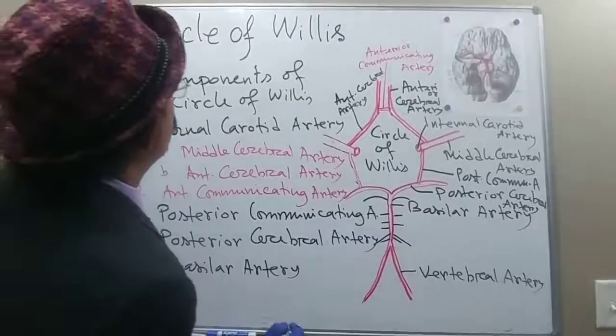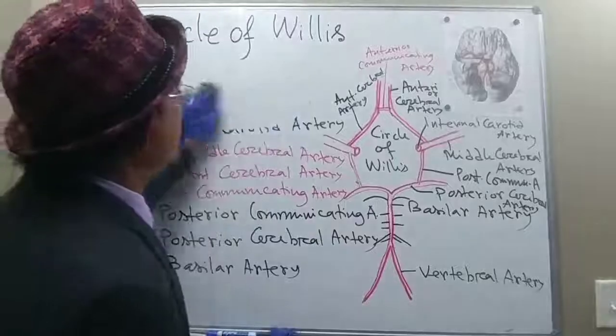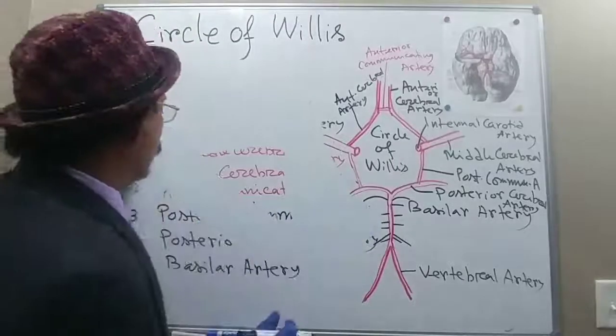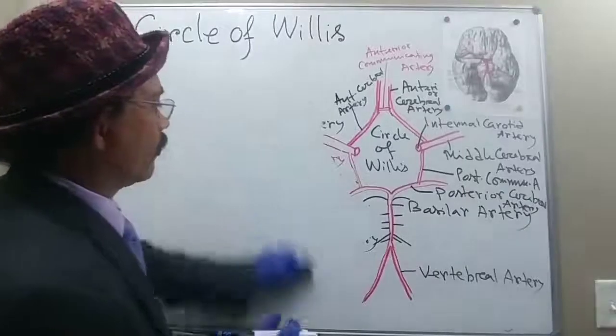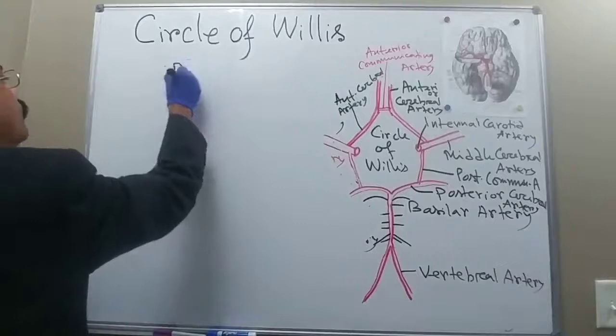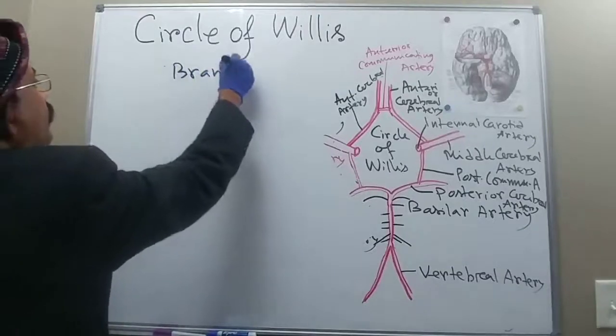We got the formation. Now we have some cortical branches and perforating branches from the circle of Willis. We have to go through those branches again.